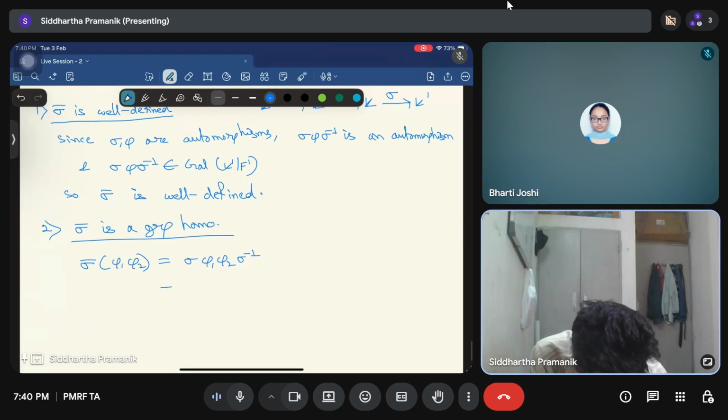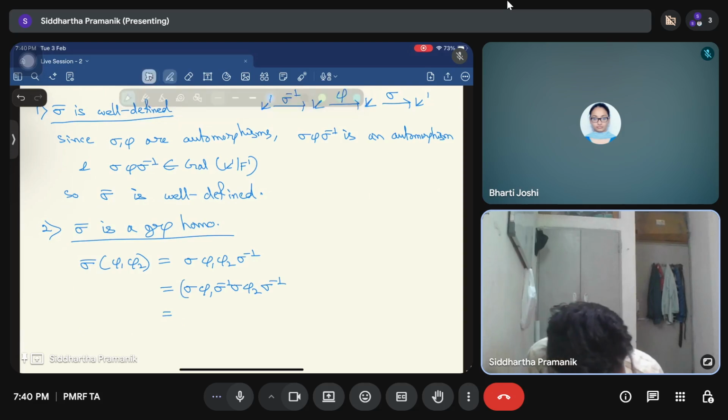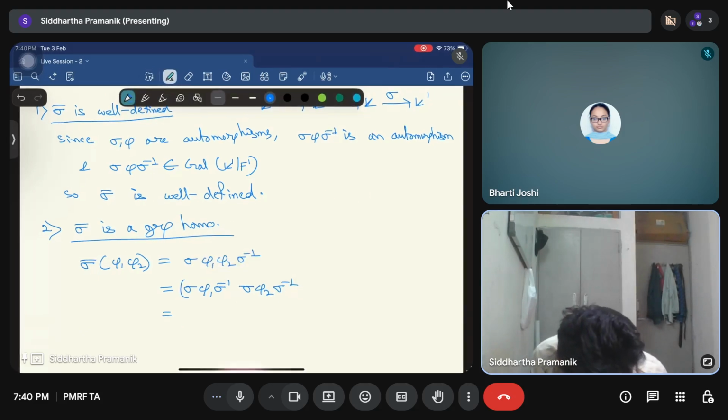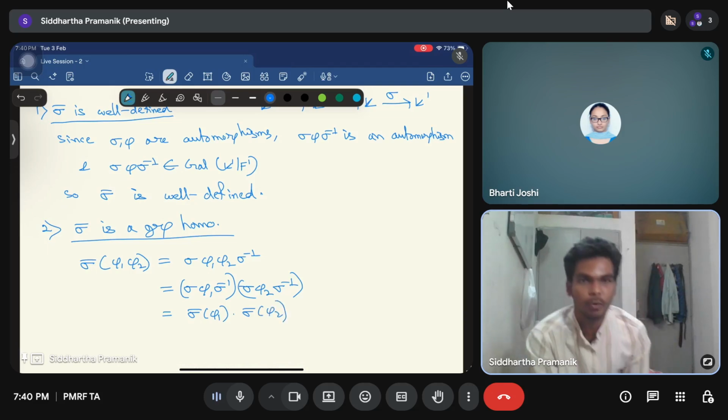Now we can write this as sigma phi 1 sigma inverse sigma phi 2 sigma inverse. Now let's take these brackets. The first part is basically sigma bar of phi 1 and the second bracket is sigma bar of phi 2. So it is a group homomorphism, it's clear.